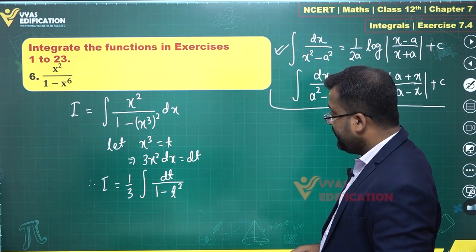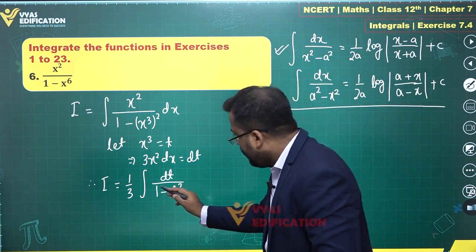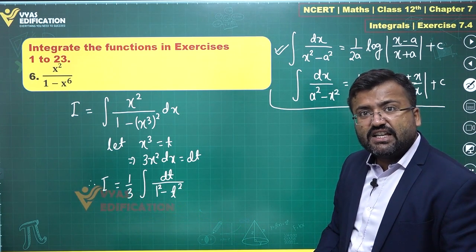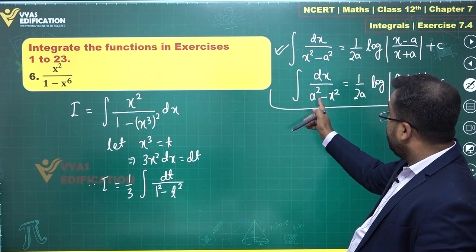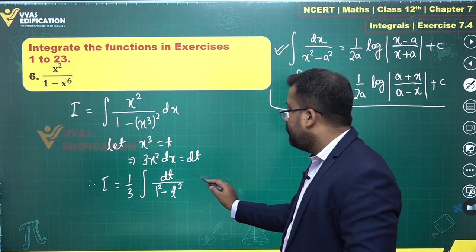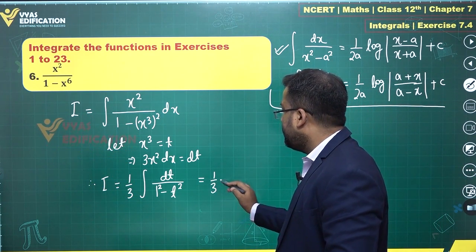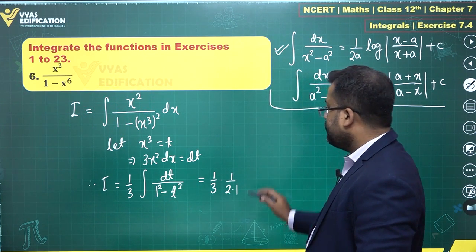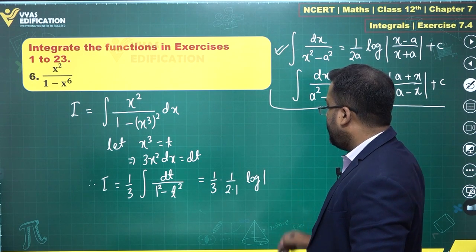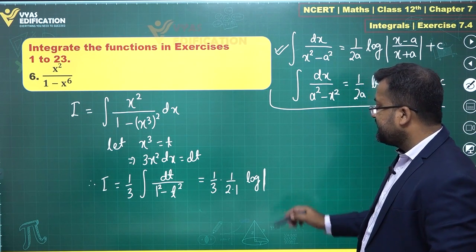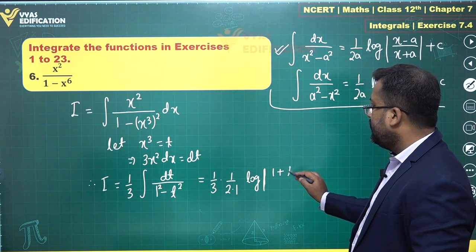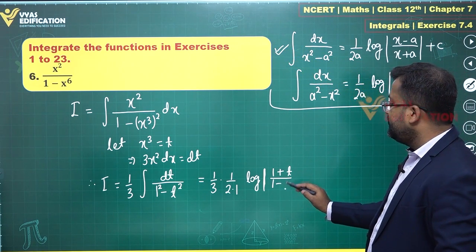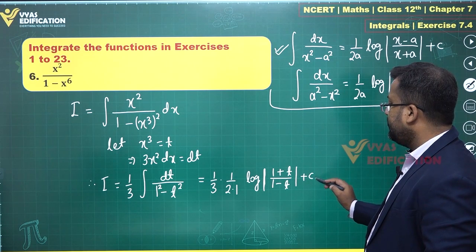So what do we have over here? We have 1 square minus t square, which is a square minus x square. This particular form. So the formula says this is 1 by 3, 1 by 2a log mod a plus x, which is 1 plus t, upon a minus x, which is 1 minus t, plus constant.